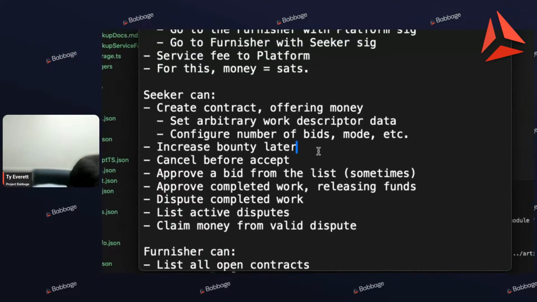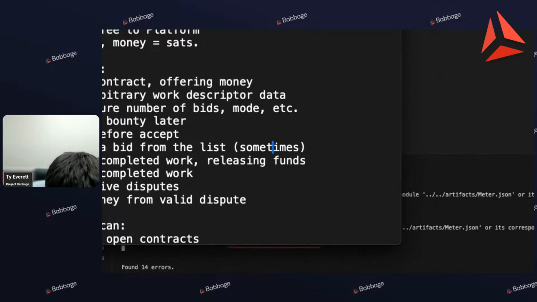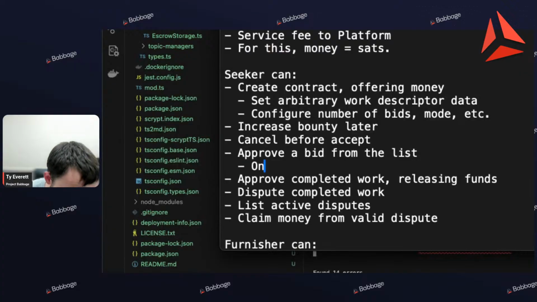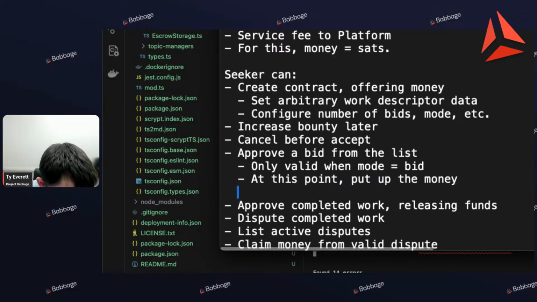So I can increase the bounty. That's cool because nobody does my thing if it's not enough money for them to care. When I approve a bid, only valid when mode equals bid. At this point, put up the money.